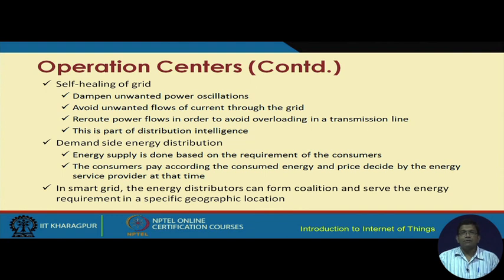Each of these is possible through the help of advanced computational methods. So, in a smart grid, the energy distribution can form coalitions and serve the energy requirement in a specific geographic location.